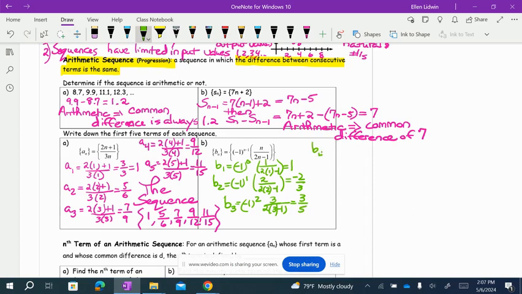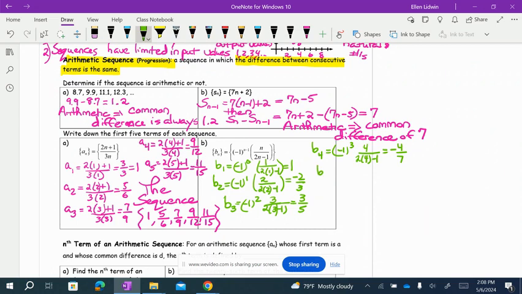B sub 4, I'm going to have negative 1 cubed. Sorry, I'm skipping 1. Sorry, 4. This will be 4 over 2 times 4 minus 1, which is going to equal negative 4 over 7.